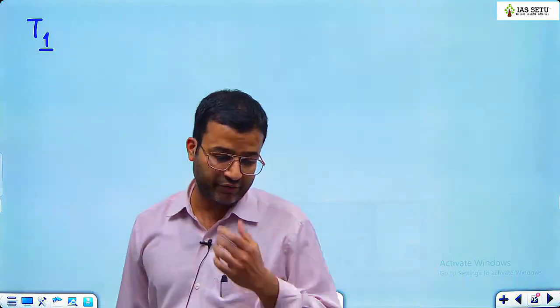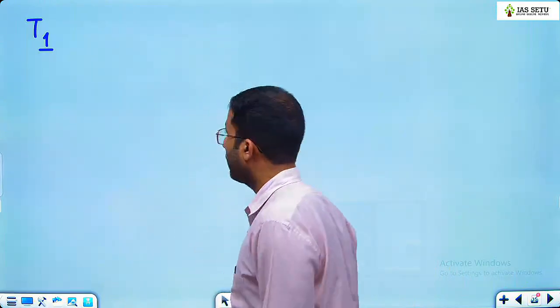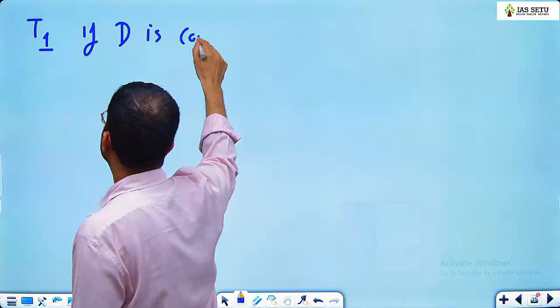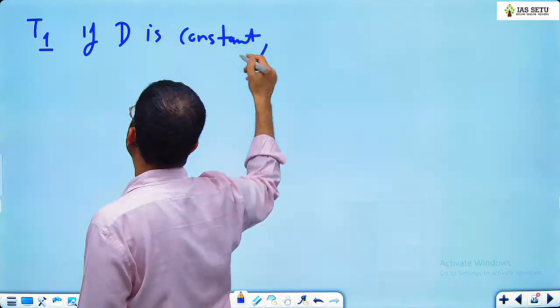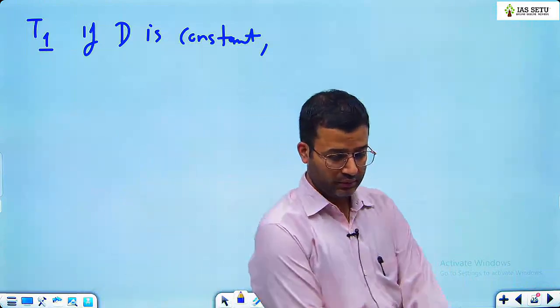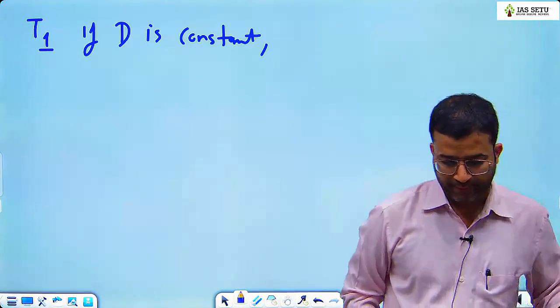Here we write type 1. Type 1 is if the denominator is constant. I give you an example.